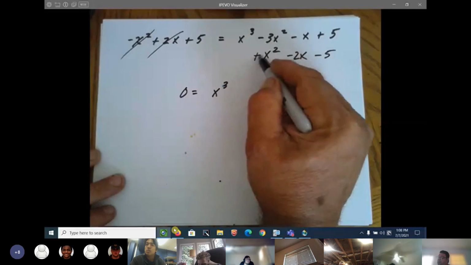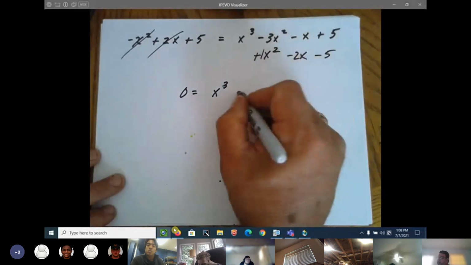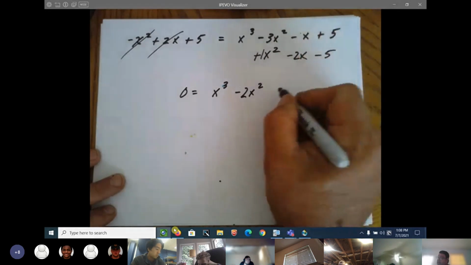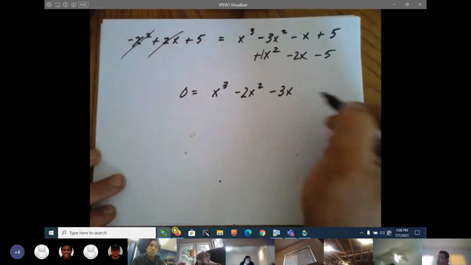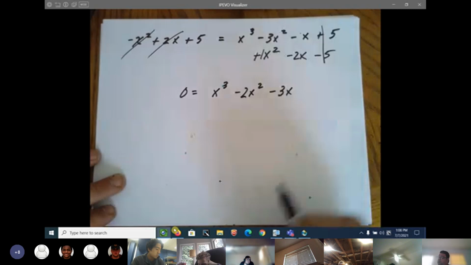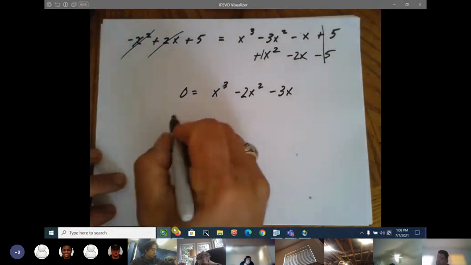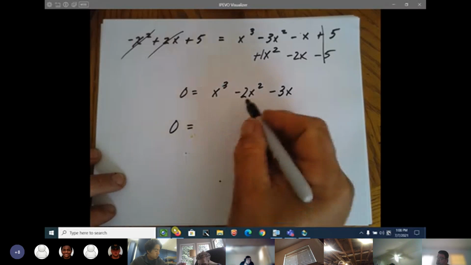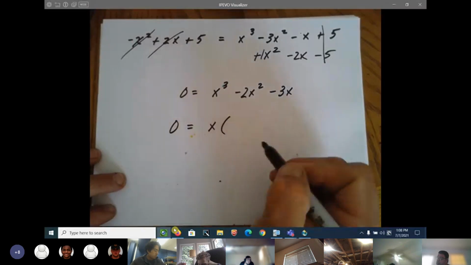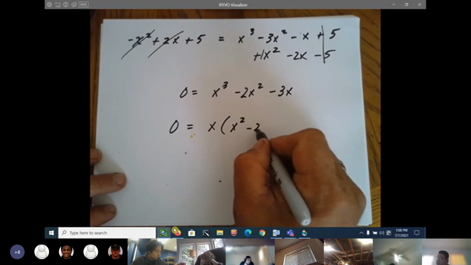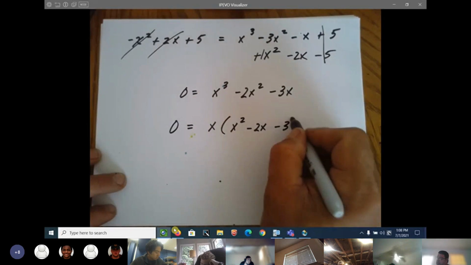Negative 3x squared plus 1x squared is negative 2x squared. Negative 3x. And then that cancels. You could factor out x, make things a whole lot easier. That'll leave you with x squared minus 2x minus 3.